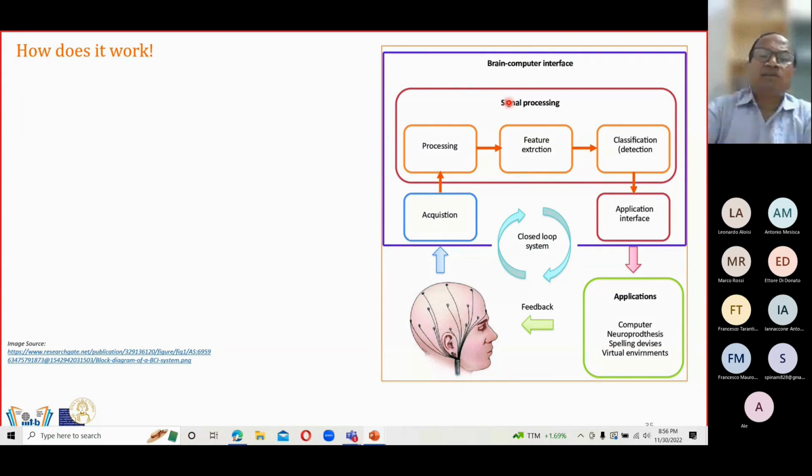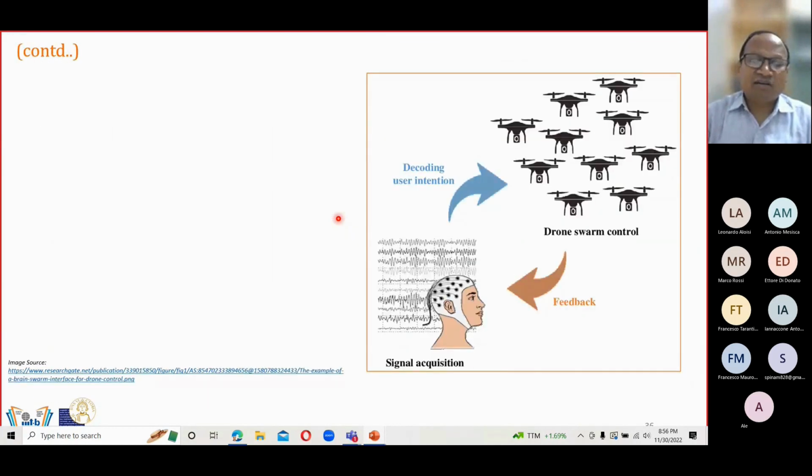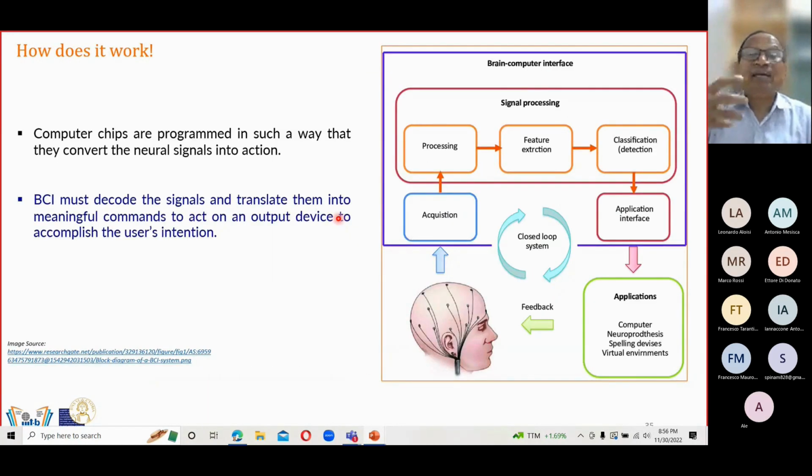All these are covered using BCI and the signal. And of course, some rehabilitation is possible in BCI, where you can generate a feedback signal and rehabilitate the person by providing feedback stimuli. Stimuli may be text or other kinds of things.